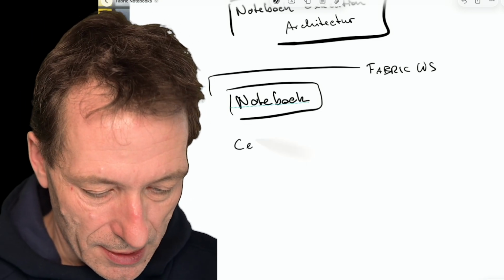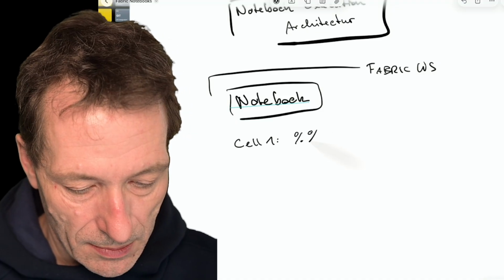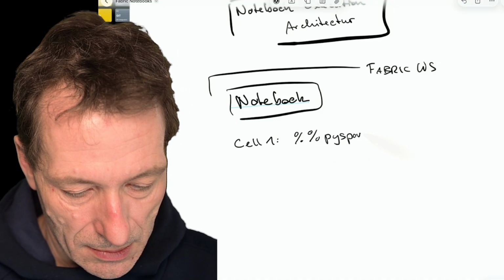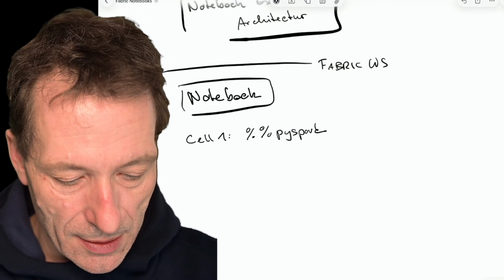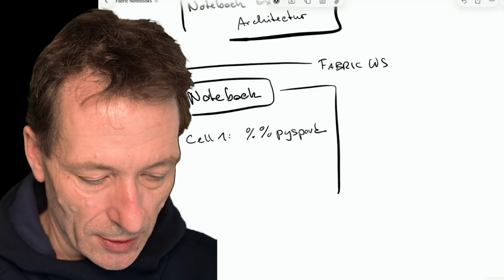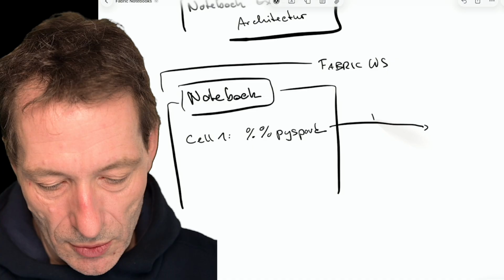Let's say you have a cell 1 that starts with %PySpark. Then this PySpark cell is part of the notebook, right? Like this, it will be executed in a distributed way.